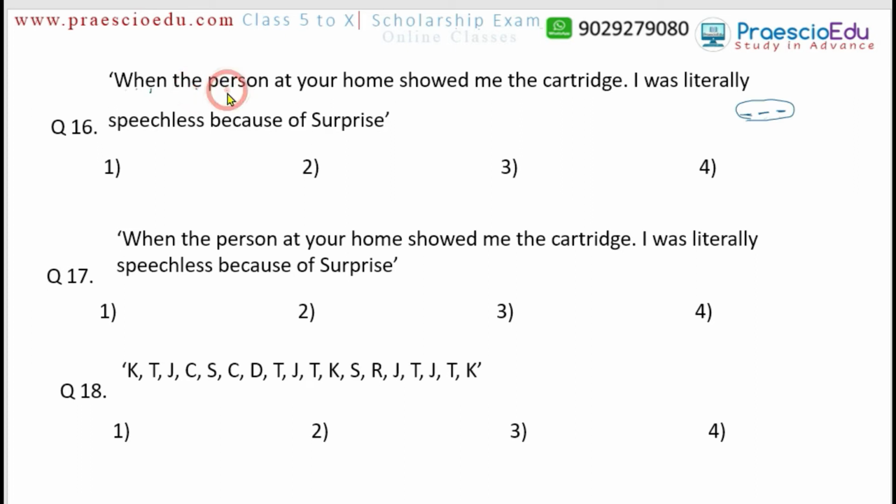In a person, E and O are vowels, only two consonants, so this will also not work. In your, Y O, these are the two vowels. Home, not possible, O and E vowels are there. In showed, O and E are there. Then me, only two letters. In a D, only three, but with a vowel. Then cartridge, this is a vowel, then this one also, and at the last E also.